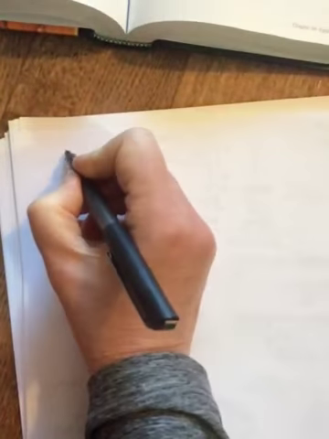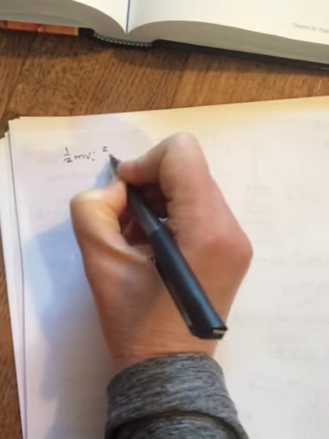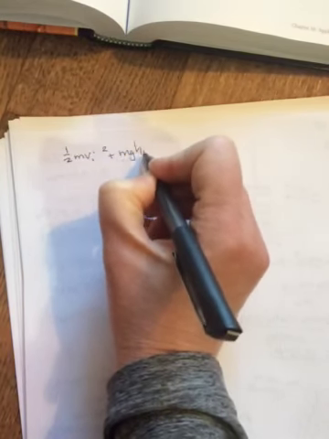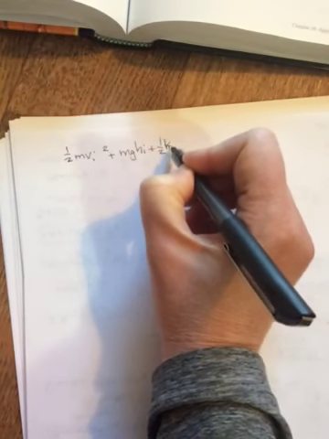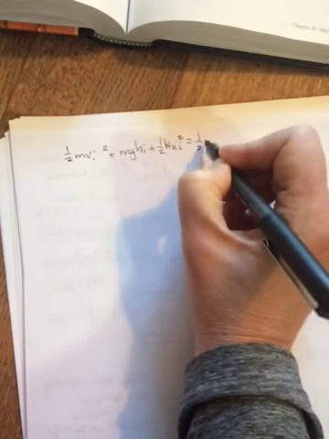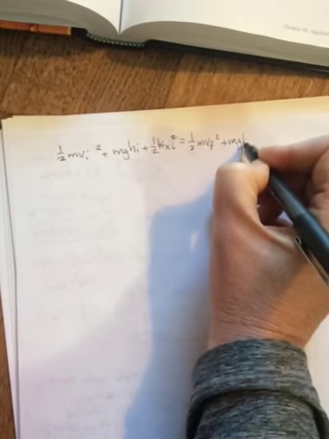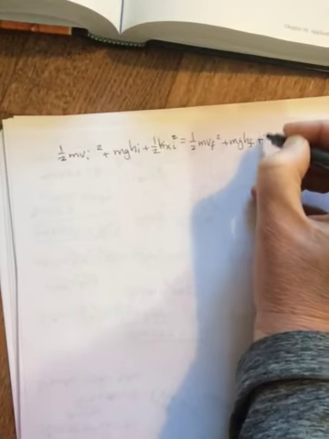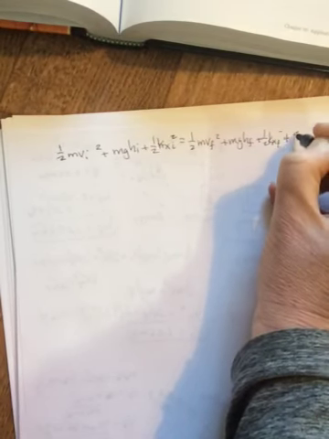Okay, so the third part then is 1/2 m v initial squared plus m g h initial plus 1/2 k x initial squared equals 1/2 m v final squared, m g h final, 1/2 k x final squared plus E lost.